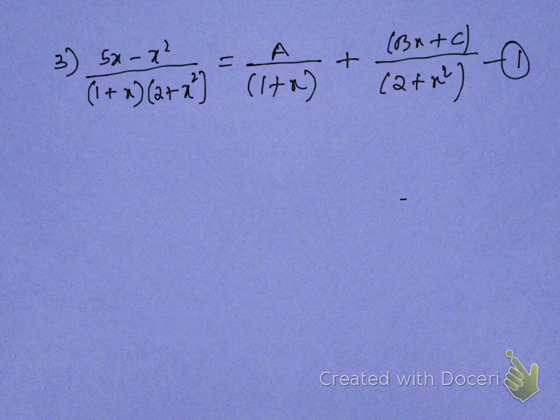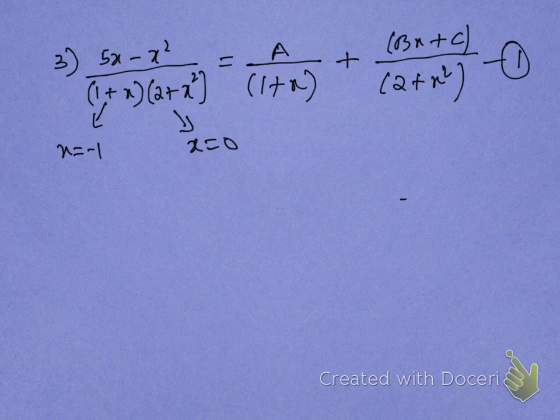For the values of the unknown constants a, b and c, we need the values of x for the substitution. From this bracket we have x = -1. From this bracket we will not get the value of x because this factor cannot be factorized. So always suppose 0 for quadratic factor.